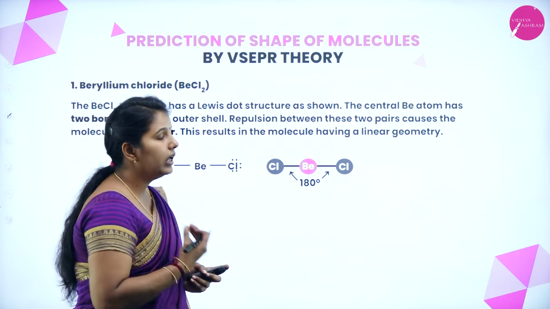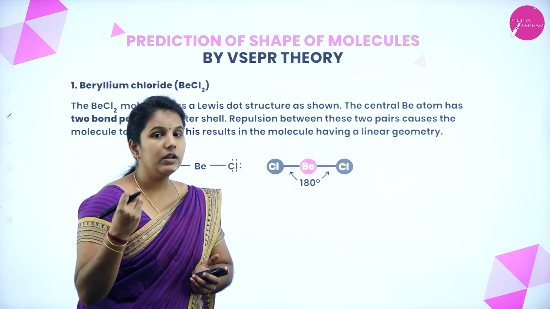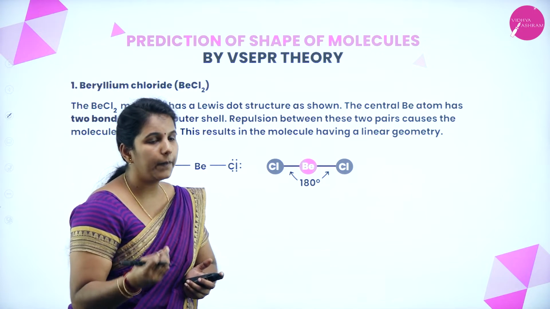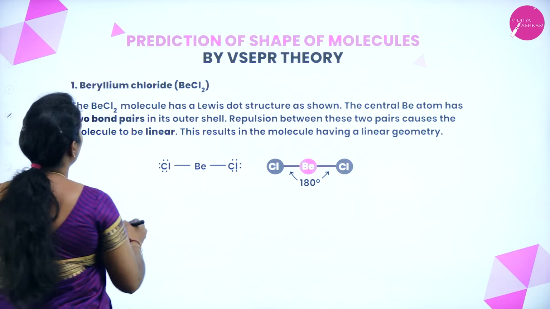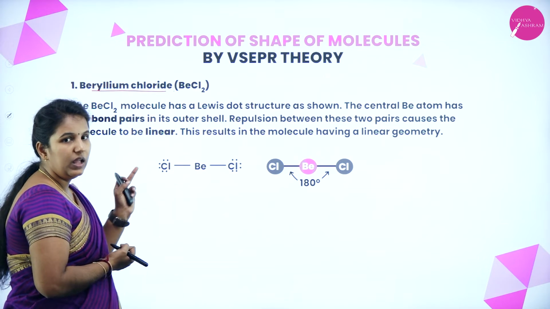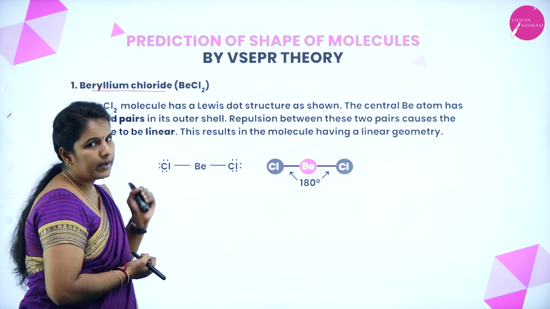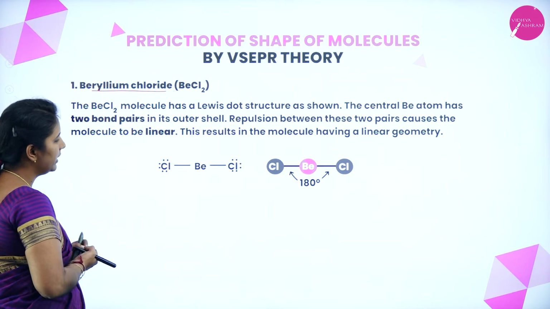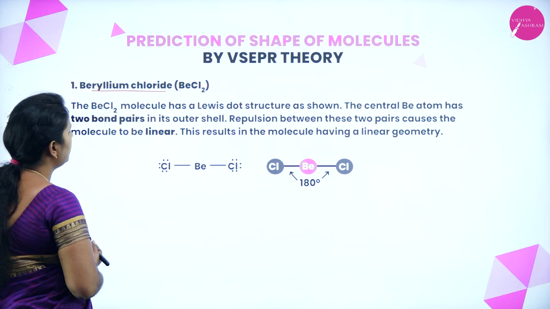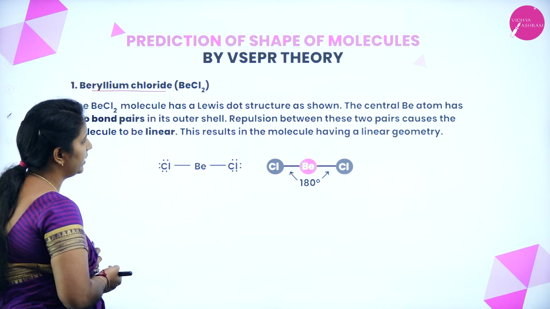Now let us see how to predict the structure of a molecule based upon valence shell electron pair repulsion theory. First I'll go with beryllium chloride. This is the best example where the central metal atom has no lone pairs of electrons. Is it right? Yes. So a beryllium chloride molecule has a Lewis dot structure as I have written here.